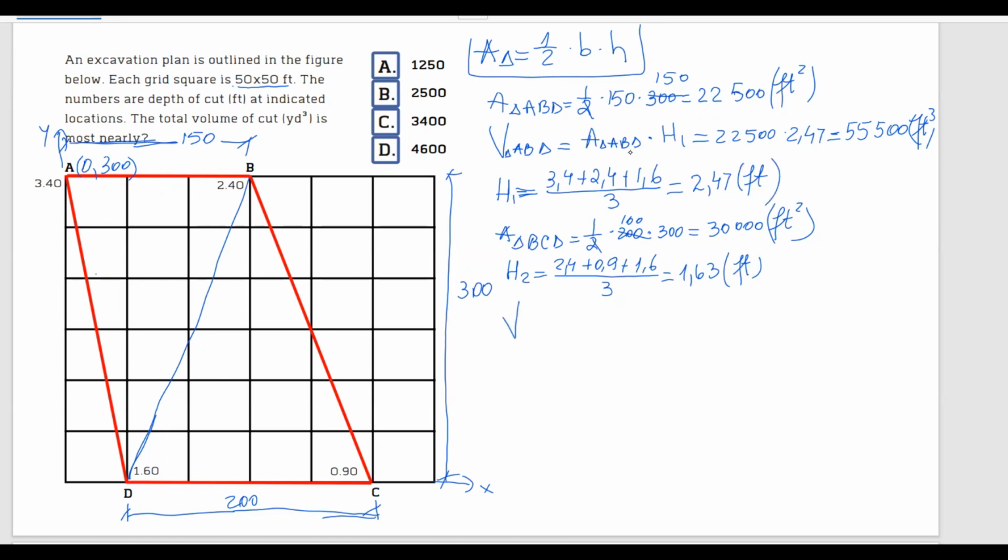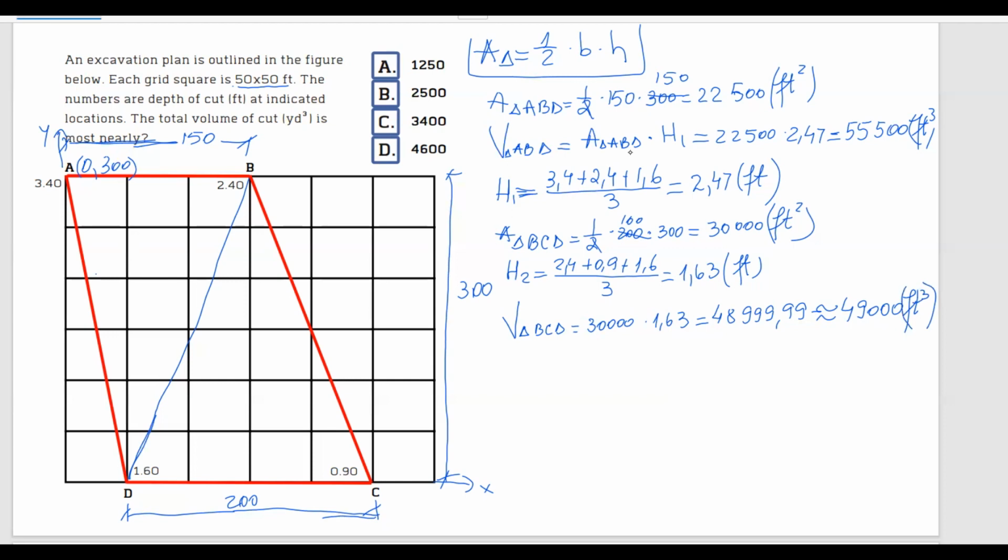Now we can calculate the volume of triangle BCD. It's equal to the area, which is 30,000, multiplied by 1.63, and I am getting a volume of 48,999.99, so approximately 49,000 feet cubed.